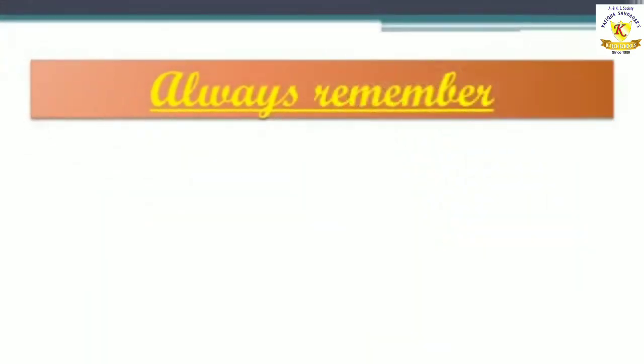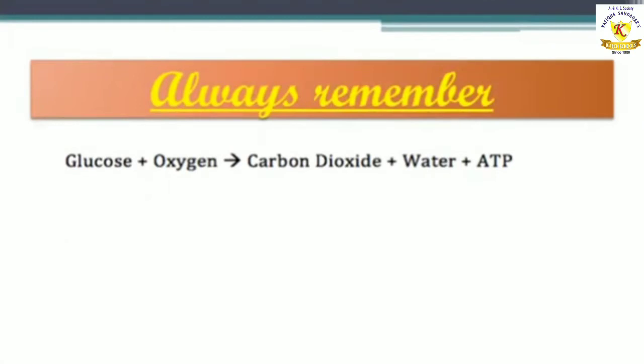Very good. Now children, always remember the first step of writing a chemical equation is to write the word equation by using the names of the concerned substances. Here, oxygen plus glucose gives carbon dioxide plus water plus ATP.